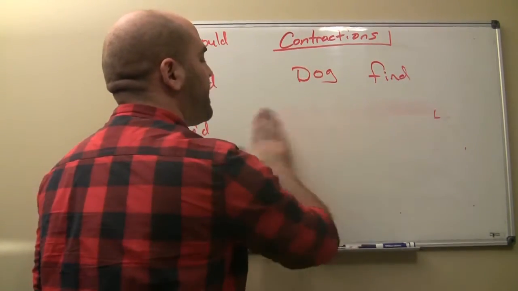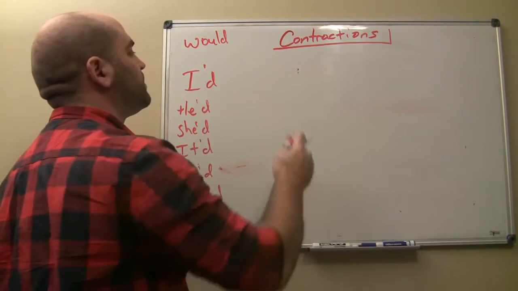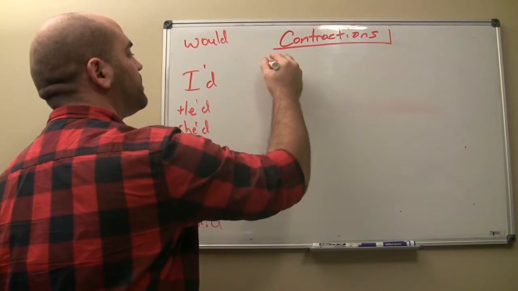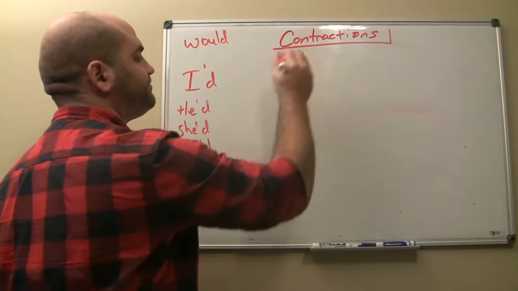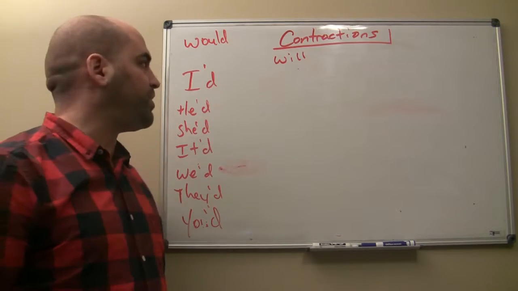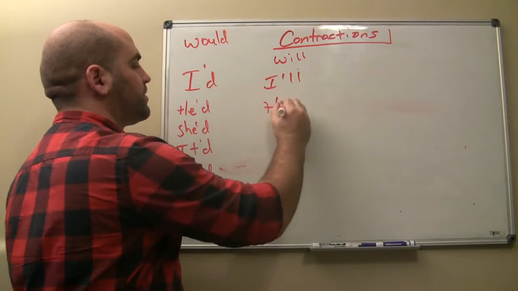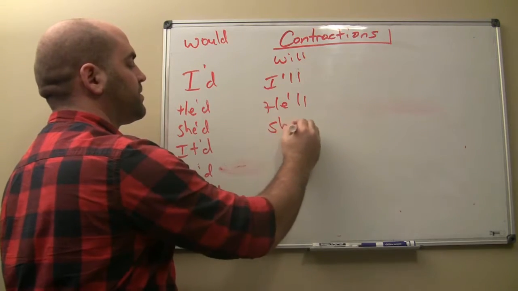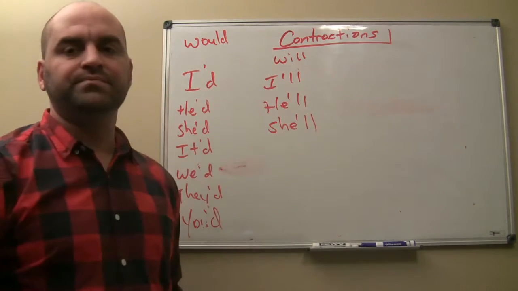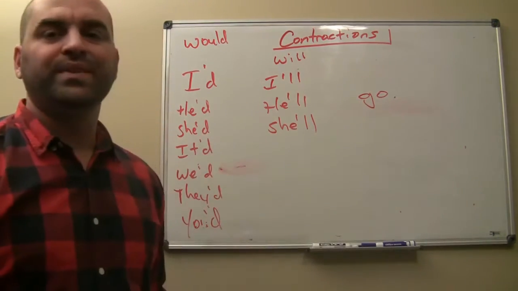The next one that we'll practice is will. So another way we use contractions is with will. Start with these three. And we're just going to do something really simple.